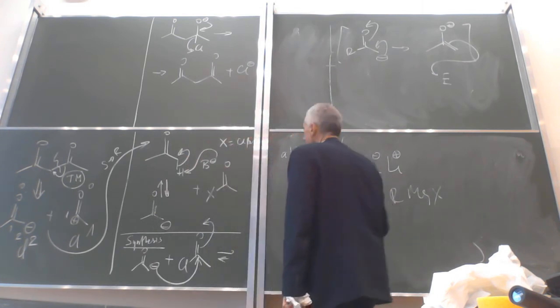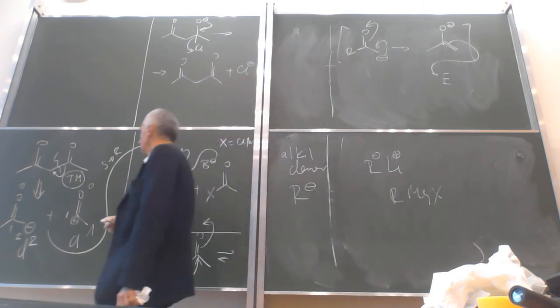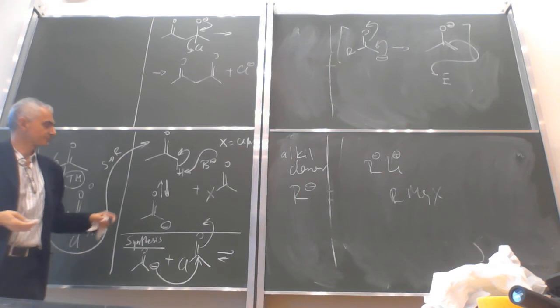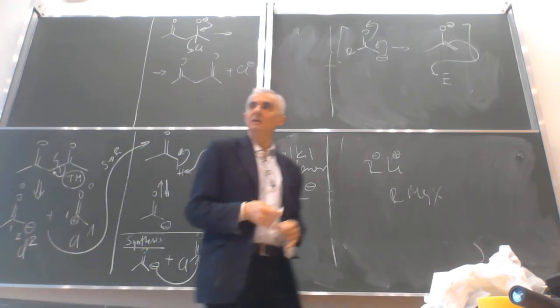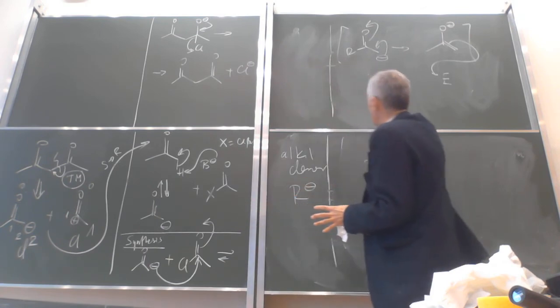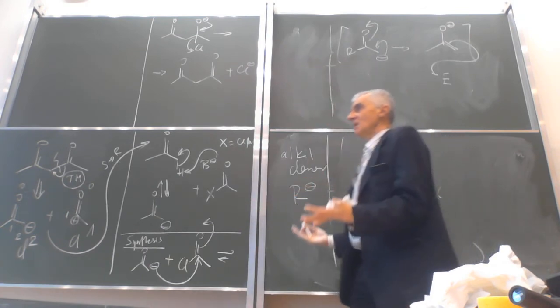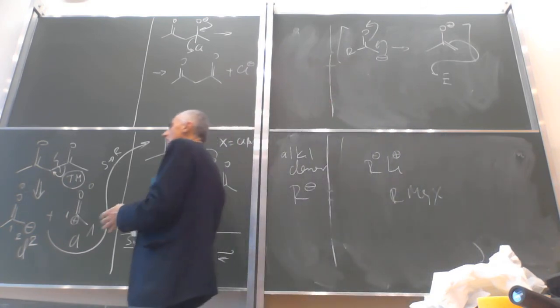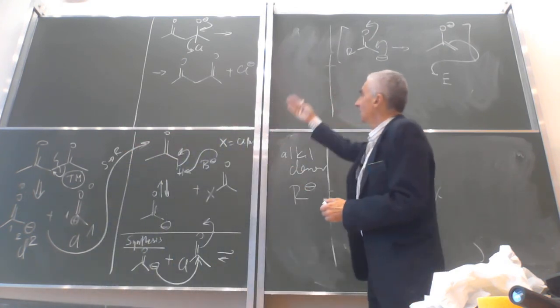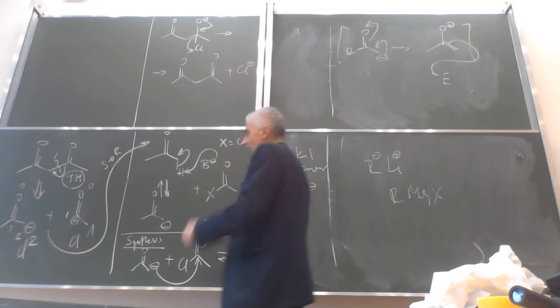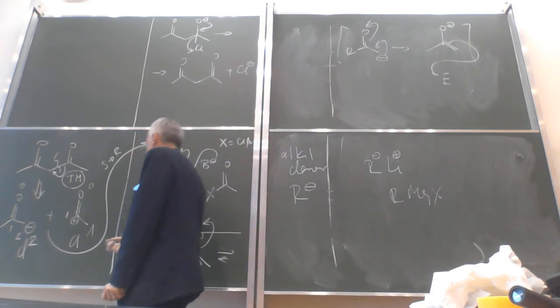So we can see that this was just clever enough to fulfill the chemistry of the syntons. It's a very natural way in which we proceed in that kind of chemistry.